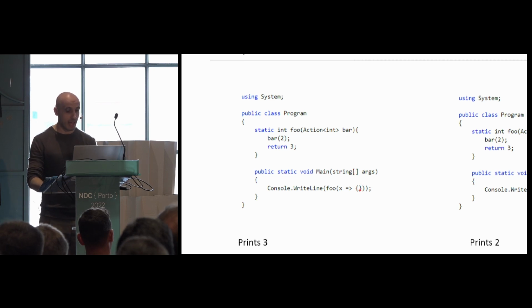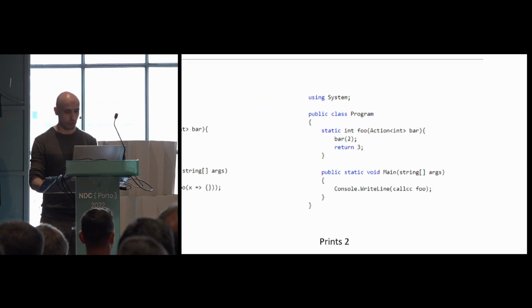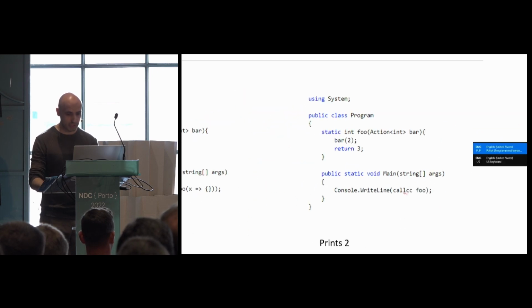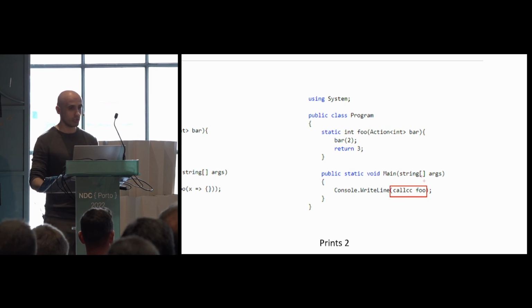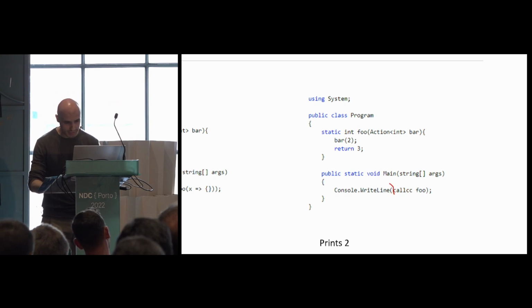Okay, but now if we had call/cc in C#, we could call CC foo this way. Then what the compiler or the runtime would do is take everything following the foo execution. So everything following the foo execution is probably a thing like this one.